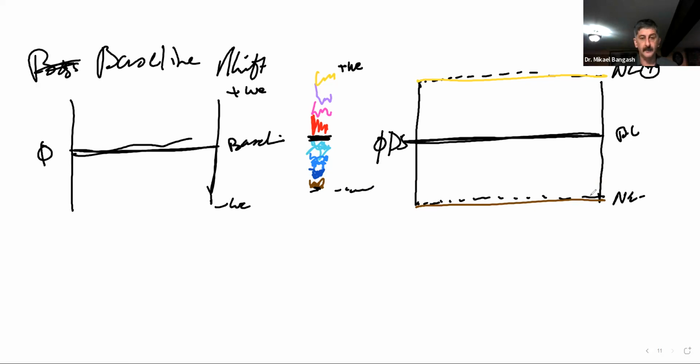Now let's say that we had a positive Doppler shift with some aliasing. Mainly, in this case we were missing this part here.